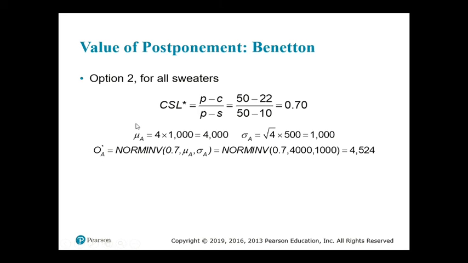This is the same as what we saw before in the aggregation discussion, where we're aggregating 4 independent demands. So the mu is 4 times each demand, and sigma is the square root of 4 times each standard deviation.